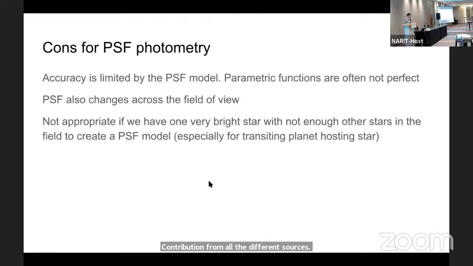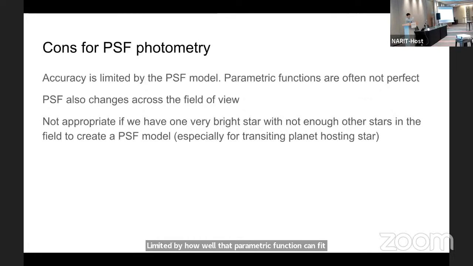Of course, PSF photometry is not always a good thing to do, and that's why we don't do it for absolutely everything. One crucial use case that PSF photometry is bad for is when you require really high accuracy of photometry. The reason is that the accuracy of PSF photometry is limited by how well that parametric function can fit the real shape of your PSF.